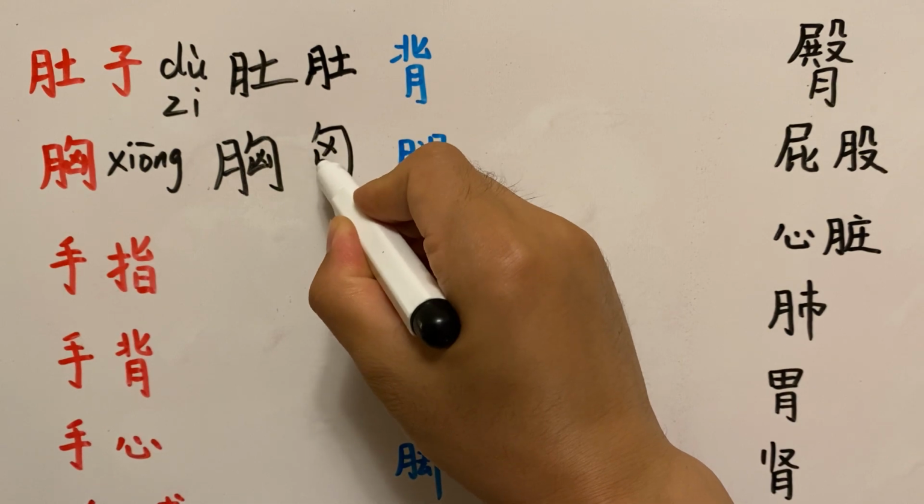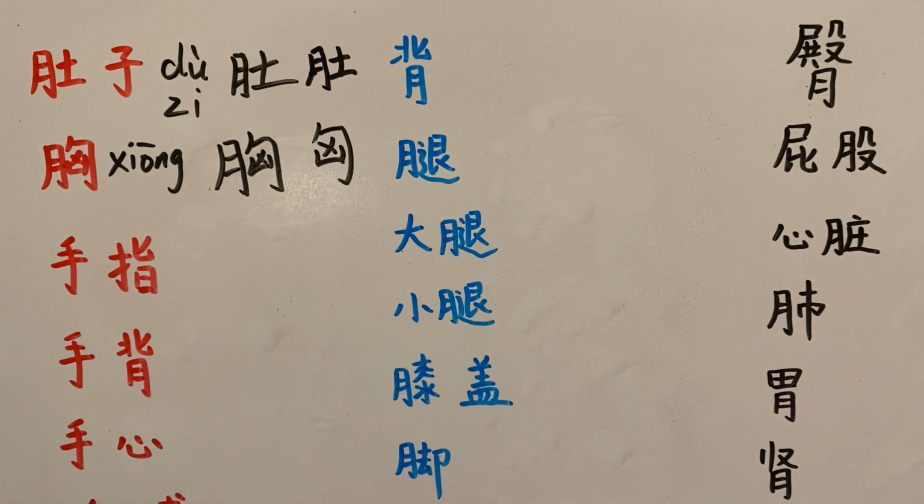The right part in Chinese is also pronounced as 胸. So it gives the sound of this character 胸, chest. We say in Chinese 胸部, right? The chest part, 胸部.